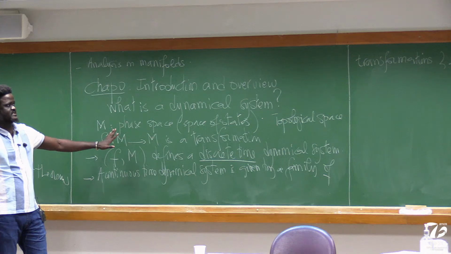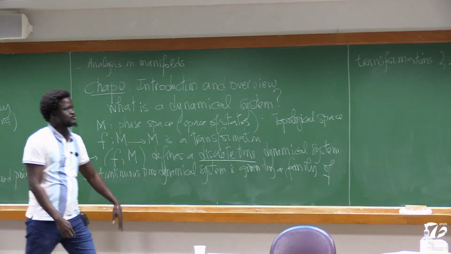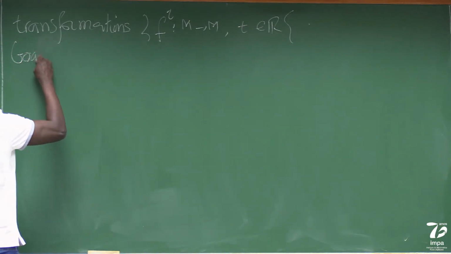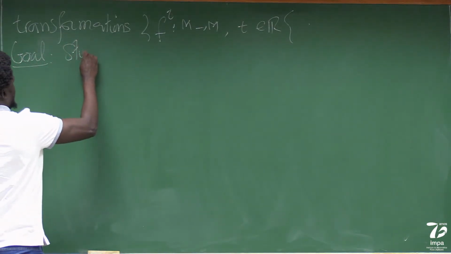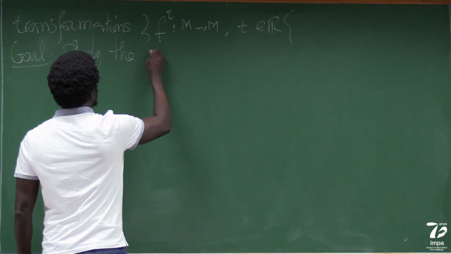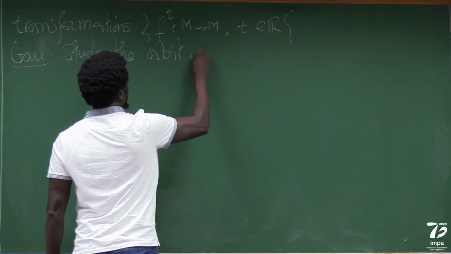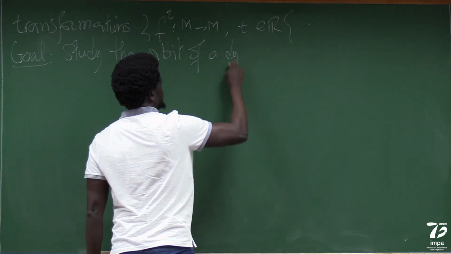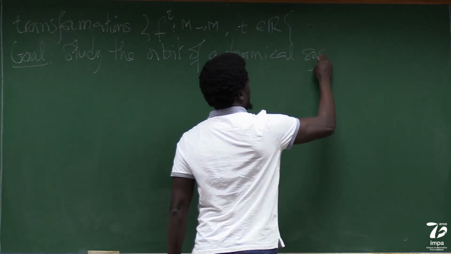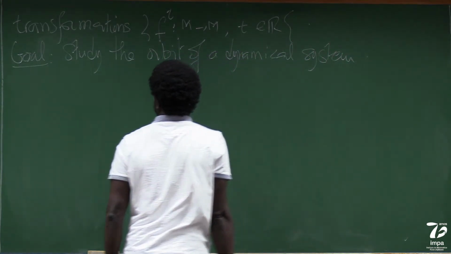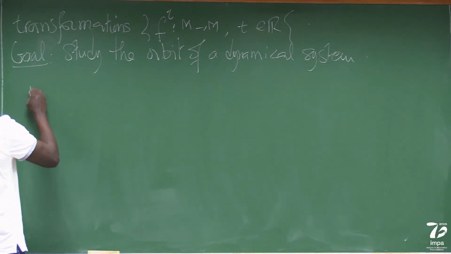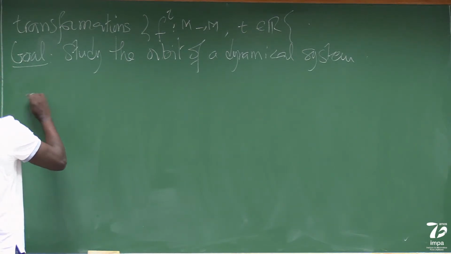Now, what are we interested in here in this course? Our goal is to study the orbit of a dynamical system. So what is the orbit?